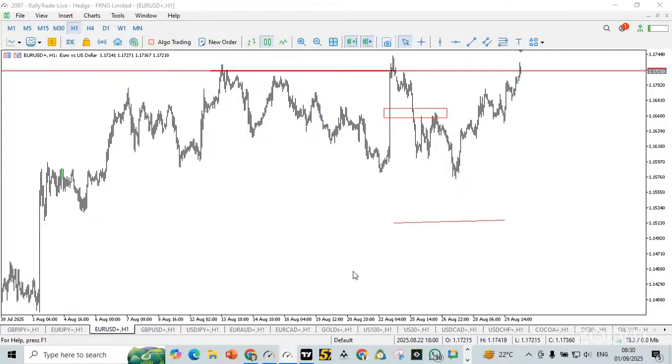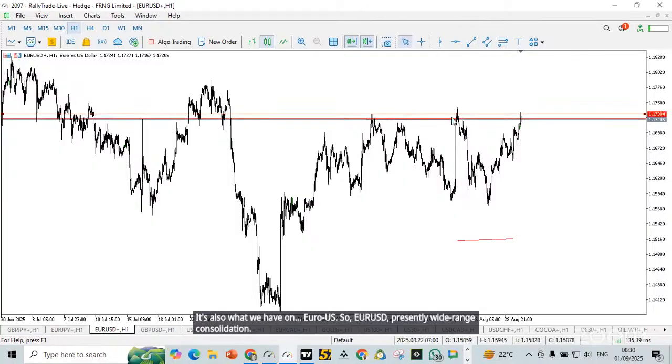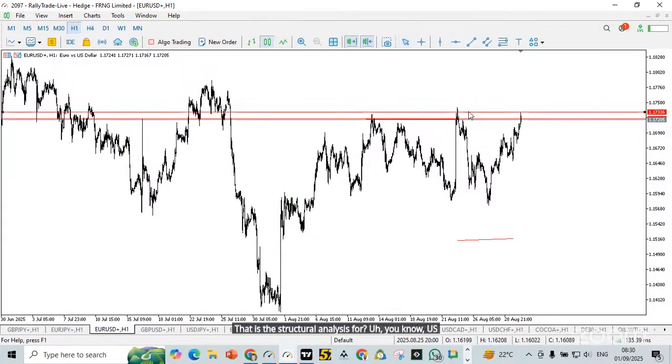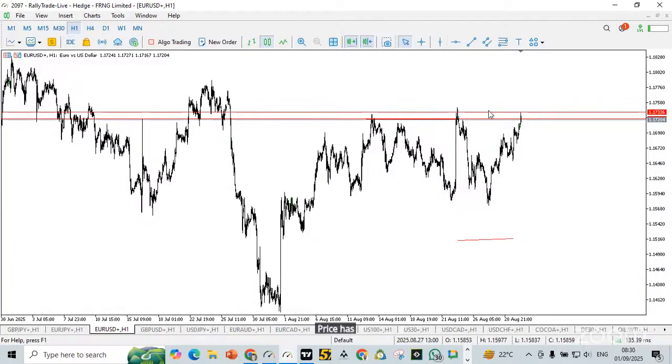Basically now on Euro USD, the same analysis we have on British pound USD is also what we have on Euro USD. So Euro USD is presently in a wide range consolidation. That is the short-term analysis for Euro USD. Because this high, price has not been able to go above it. Let me mark it with a trend line.